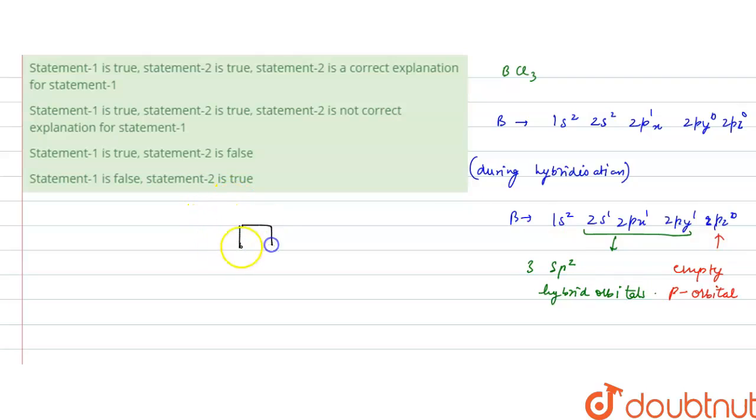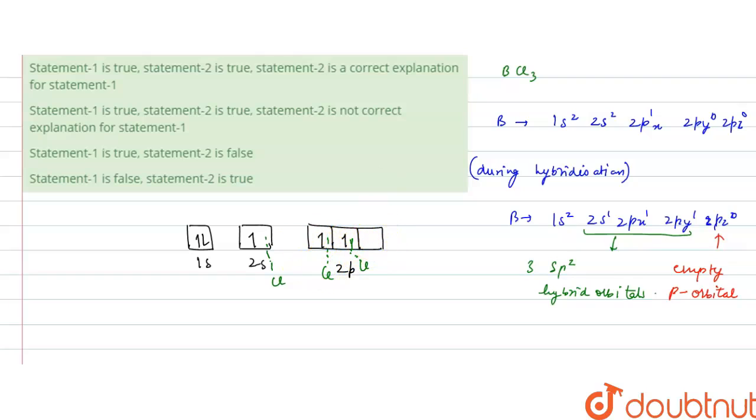We can represent this in the orbital diagram as 1s, 2s and 2p. So it has 2 electrons, one in this and one in this, and this is empty. The 3 chlorine atoms form bonds with the boron atom and form BCl3 by sharing one electron each with boron.